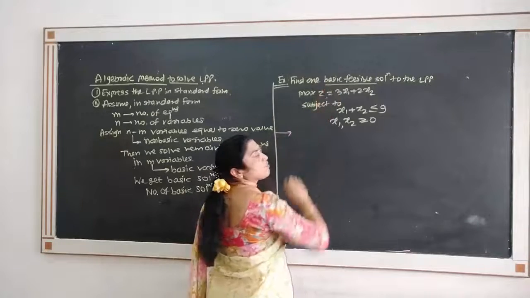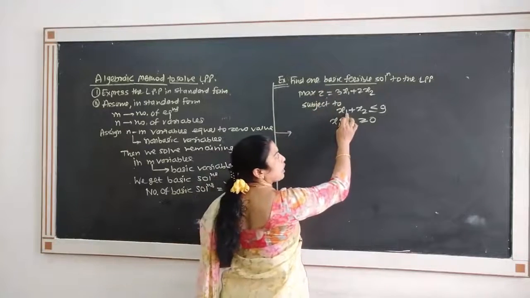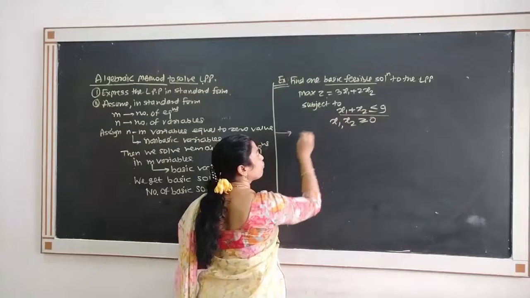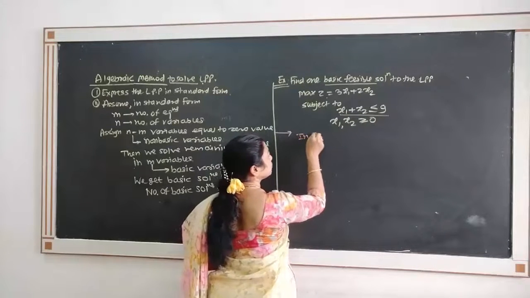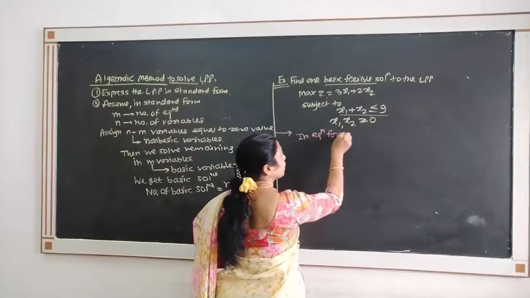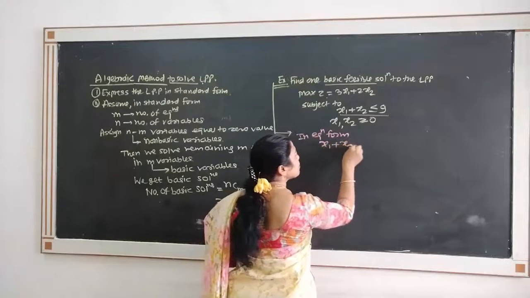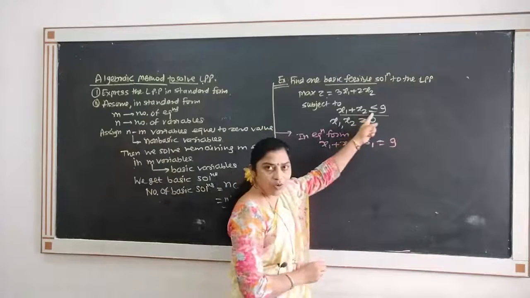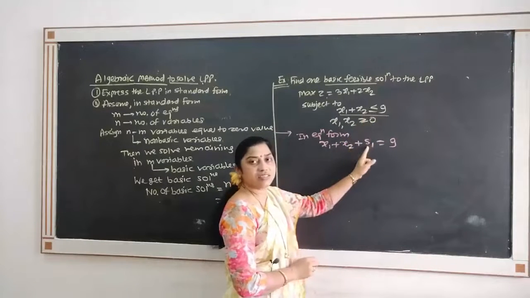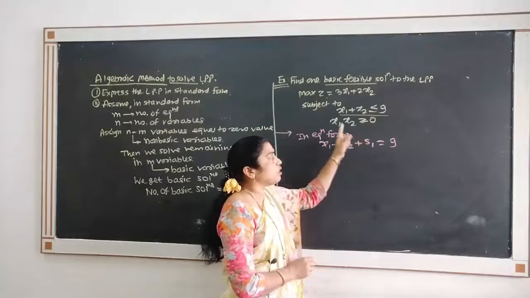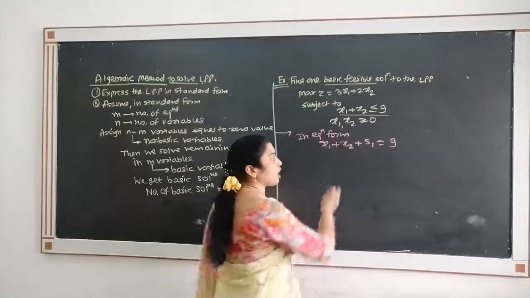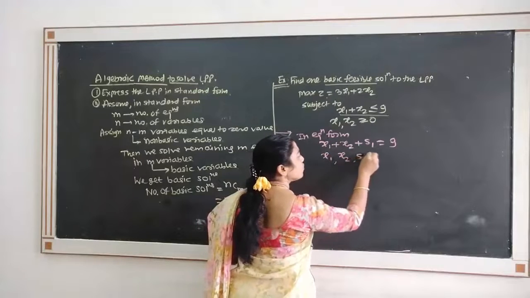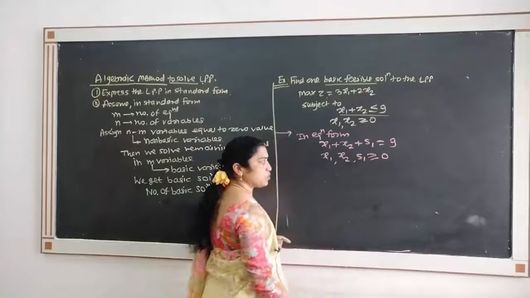Because we want a basic feasible solution, we write this constraint in equation form: x1 plus x2 plus s1 equal to 9. As this is a less than or equal to constraint, we add slack variable s1, where s1 is also greater than or equal to 0. So we have x1, x2 and s1 all greater than or equal to 0.